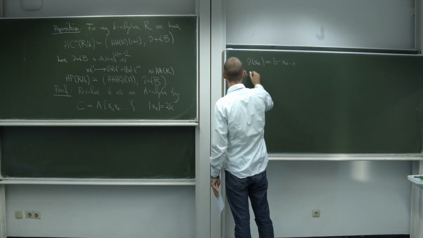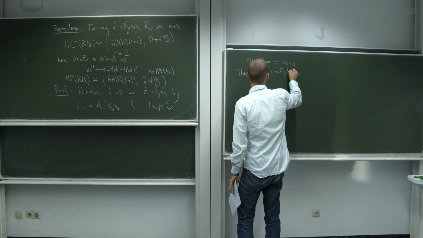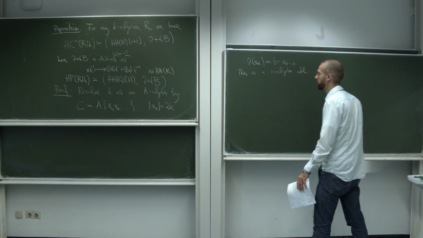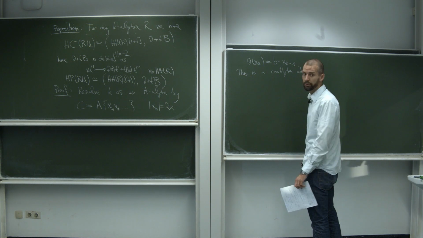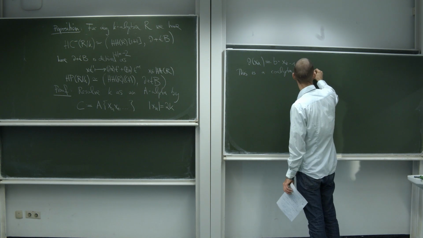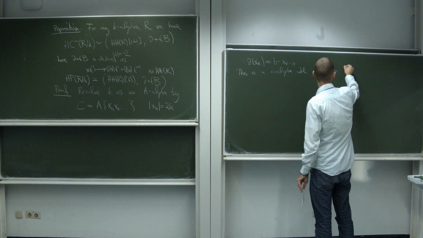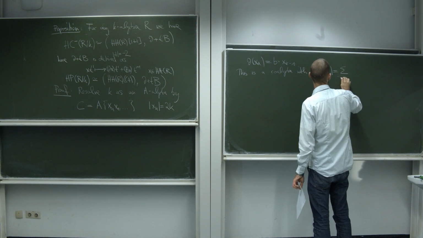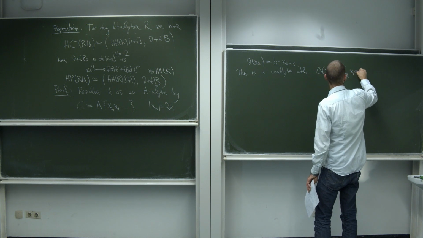By this I mean C is a coalgebra with counit sending x0 to 1 and the rest to 0, and with comultiplication Δ of xk given by the direct sum over i plus j equals k of xi tensor xj.